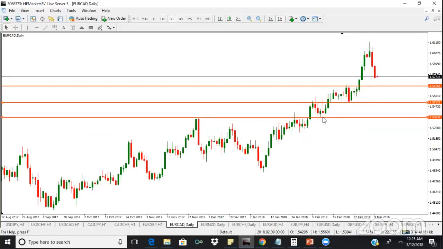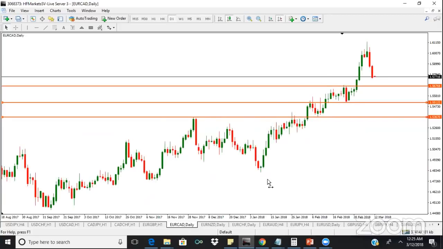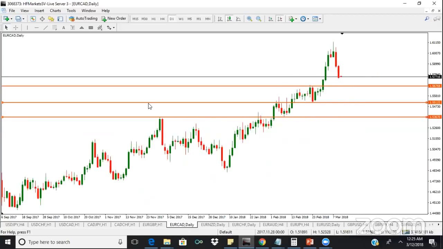Can you see that? So these are your zones. Now what happened? This is the last trend line, yet to be broken. This is the last trend line on daily, yet to be broken.